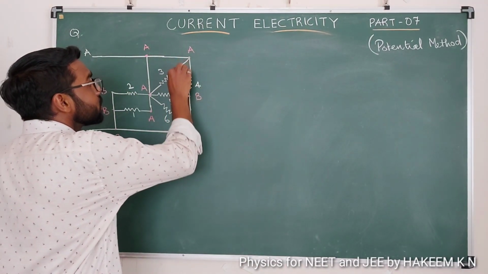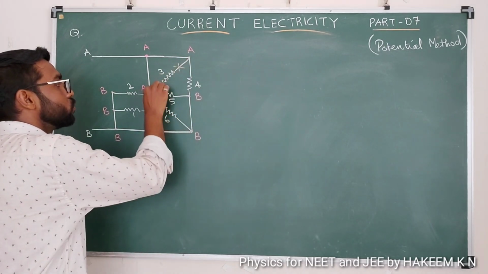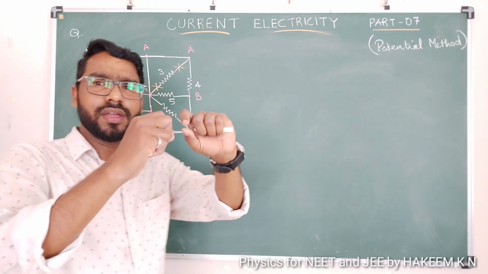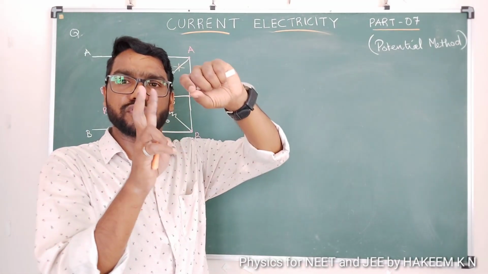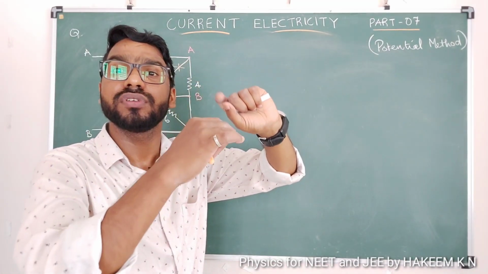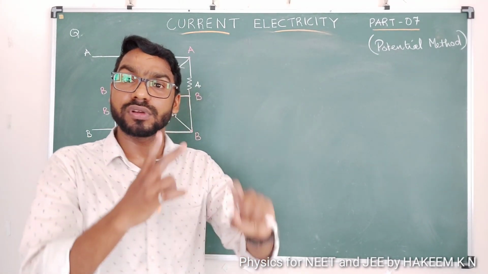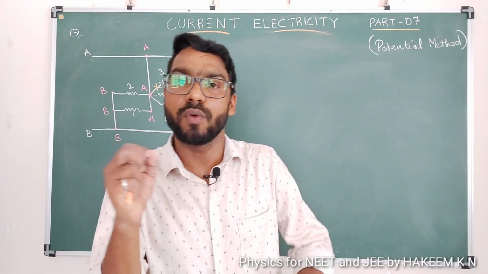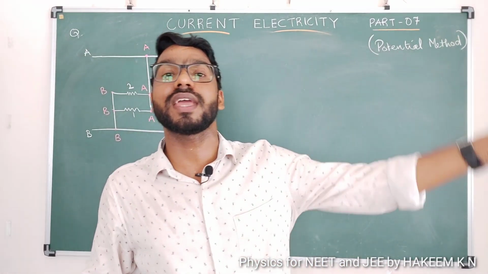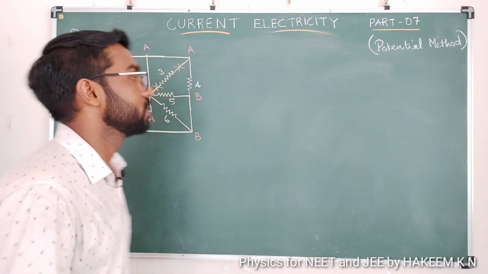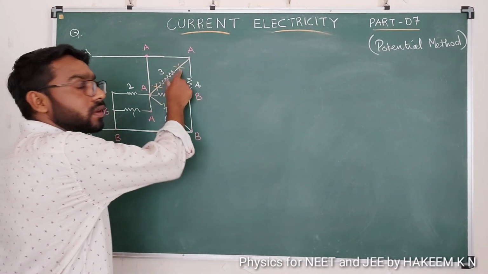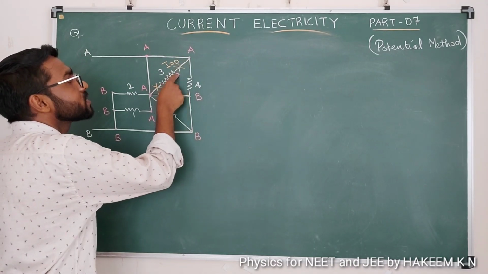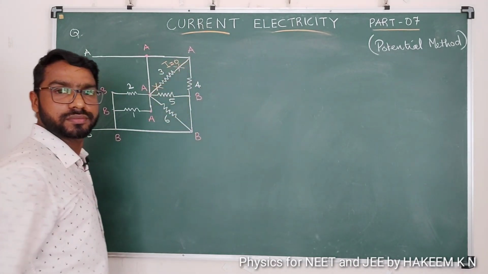That means there is no current through the resistor 3. If a bulb's two wires are connected to the positive terminal of a battery, or both ends are connected to the negative terminal of a battery, no current will flow. One end should be at the positive terminal, then the second end should be at the negative terminal. So here current in resistance 3 is 0 because both ends are connected at the same point.